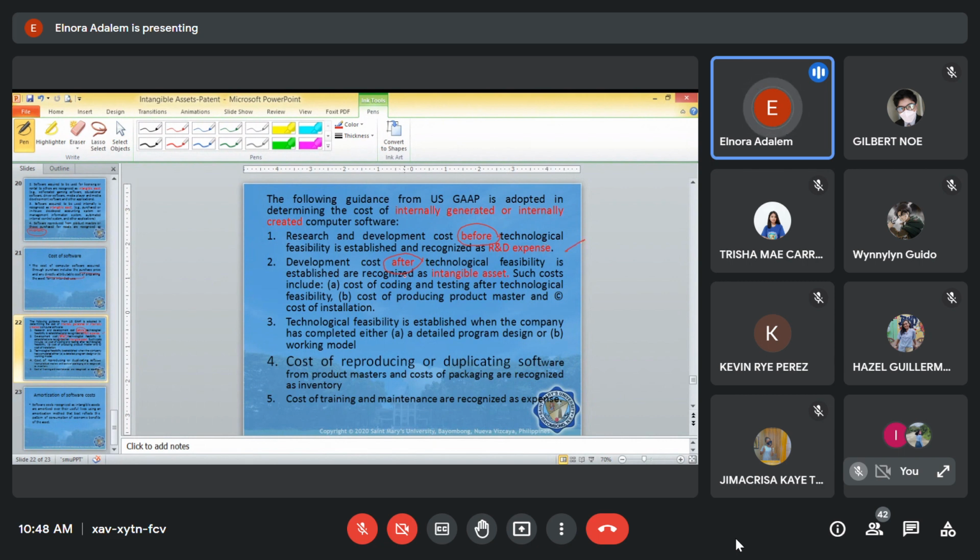But if the development cost is incurred after technological feasibility, that will be classified as an intangible asset. Next, technological feasibility is established when the company has completed either a detailed program design or a working model. And then the cost of reproducing or duplicating software from product masters and the cost of packaging are recognized as inventory. Cost of training is recognized as expense.